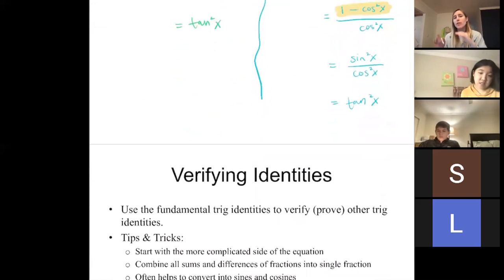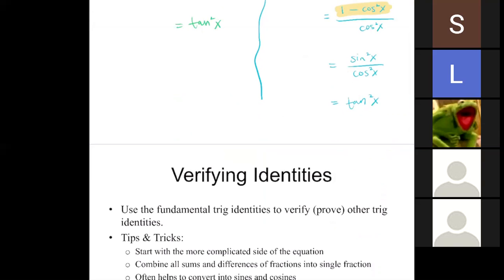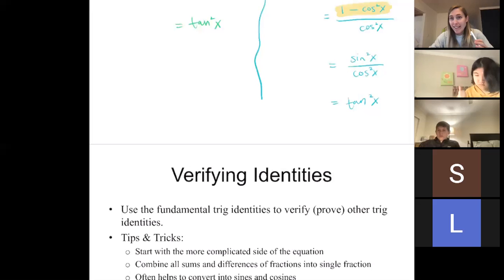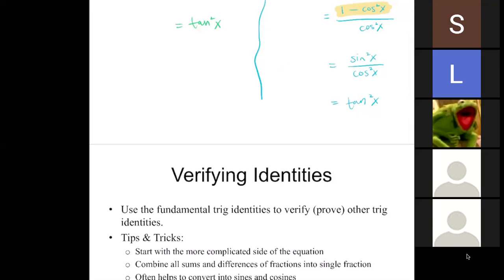Okay, those 2 examples were our warm up leading into verifying identities, which is the fun part. Like solving a puzzle. How are we all doing, you guys? Hanging in there? I saw in the 10th grade thing yesterday, everyone was using their little response things.